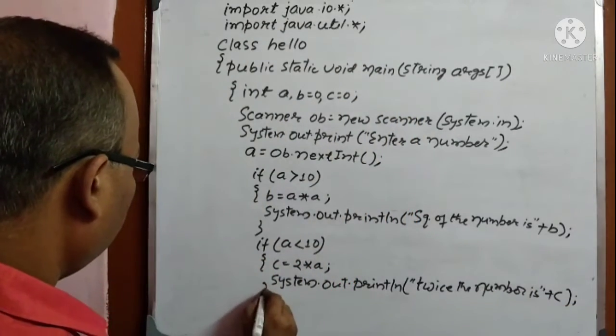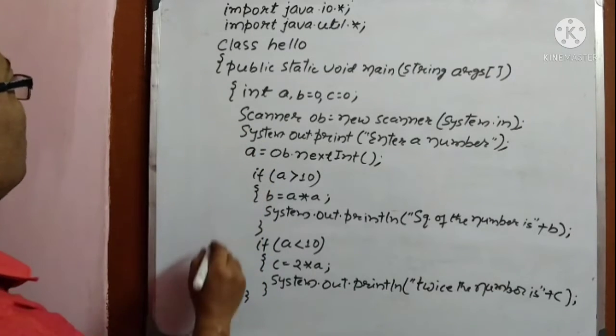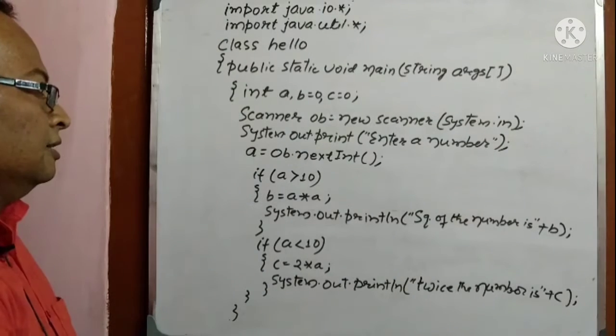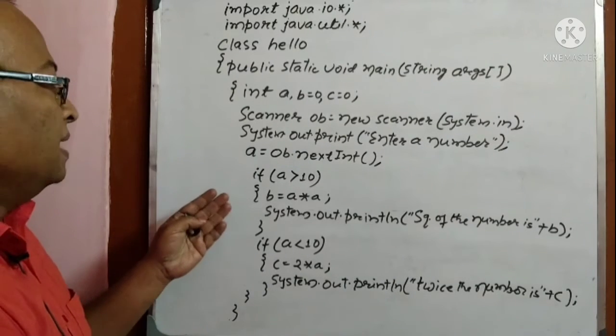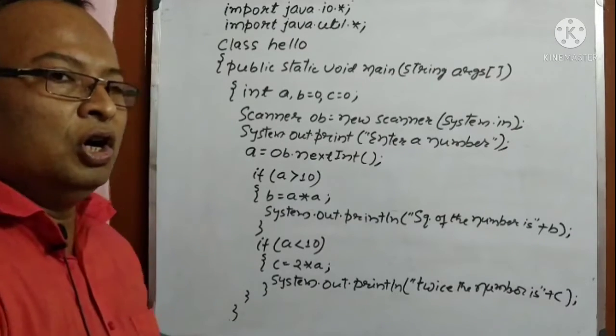Okay. Now close it and close the curly brace of main and the matching curly brace of class. So this is your multiple if. Is it clear to all of you?